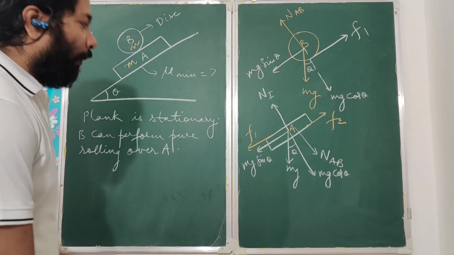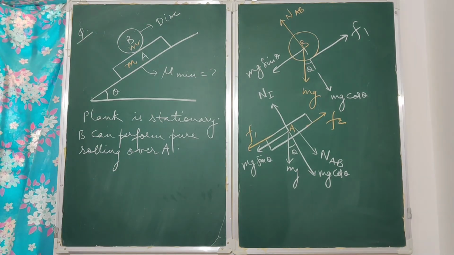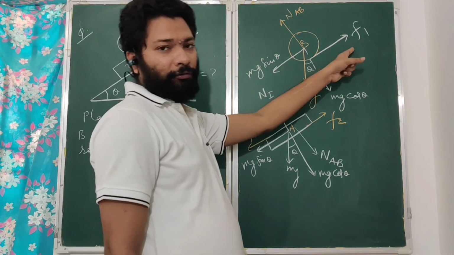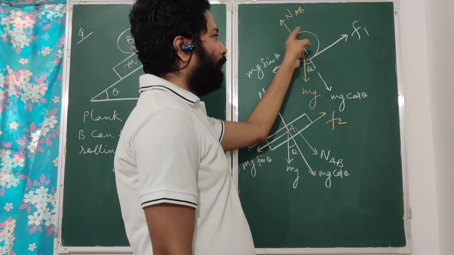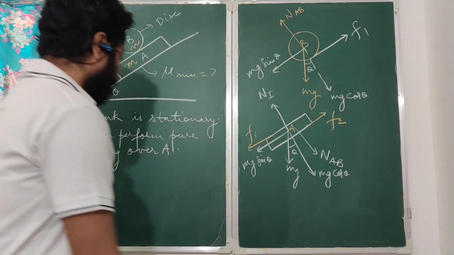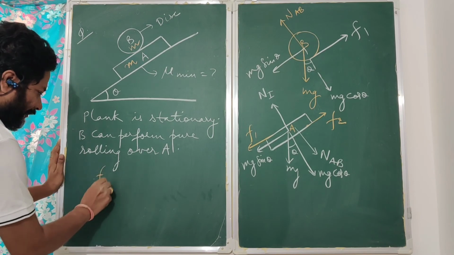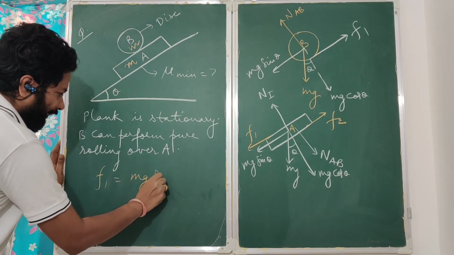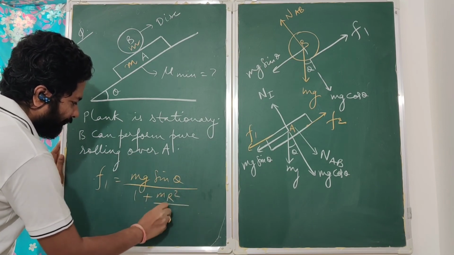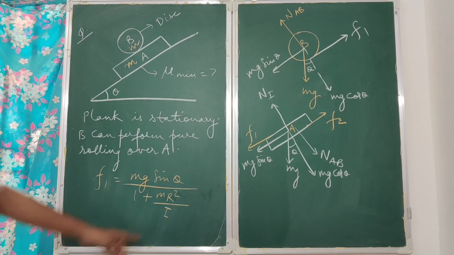Now, what is the value of F1? Can you tell? F1 is the frictional force that is required for this disc to perform pure rolling motion. So we have already learned F1 is equal to mg sin theta by 1 plus mr square by I. What is I?